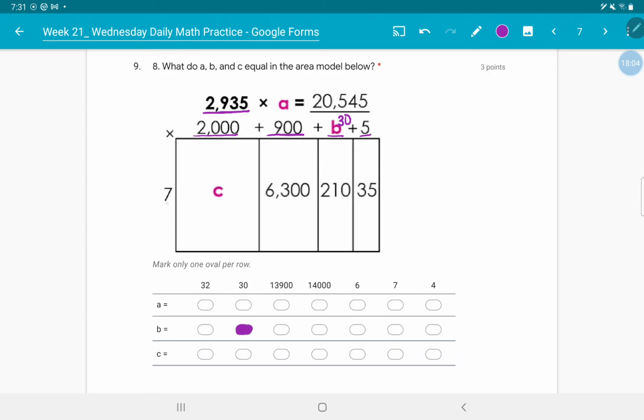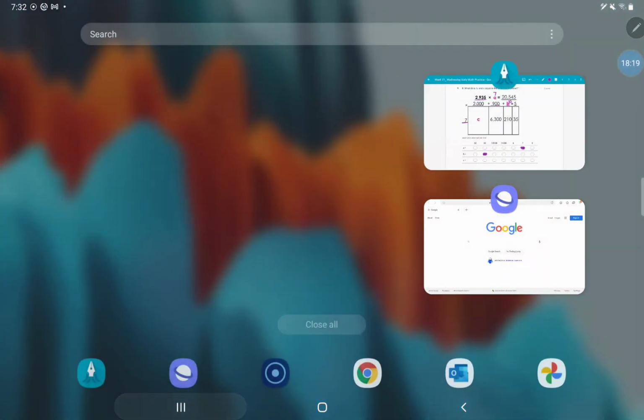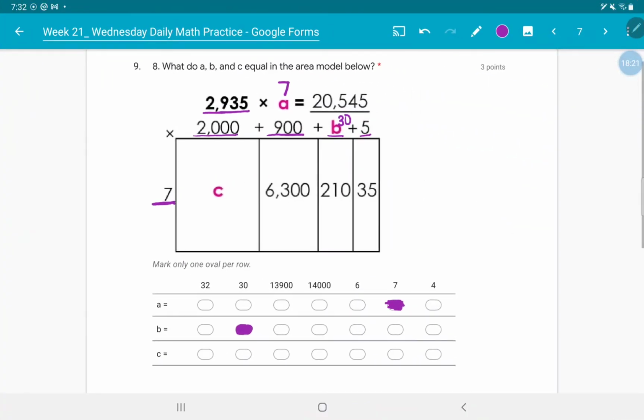My short side, they put in our area model, and that is 7. So A equals 7. Now I just have to solve for C. I'm going to find the value of C by multiplying my length, which is 2,000, times my width, which is 7.